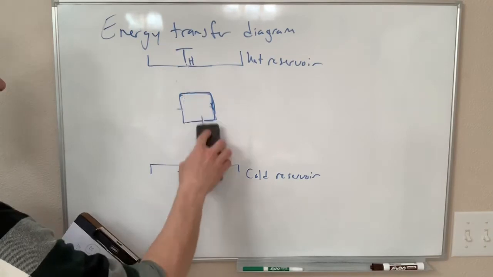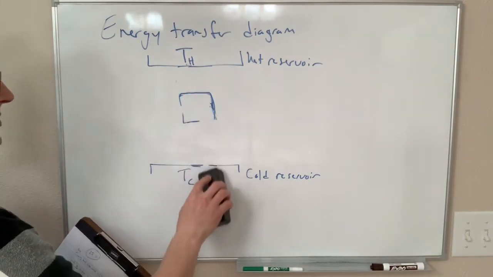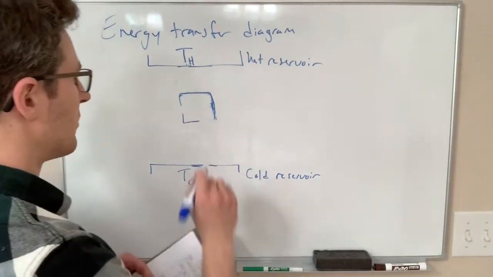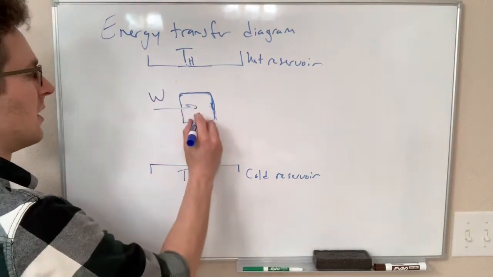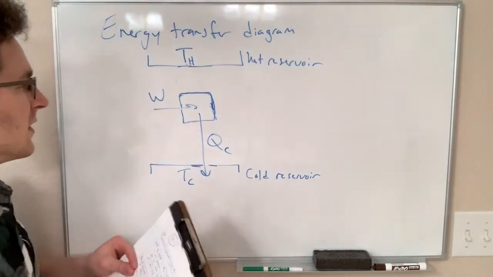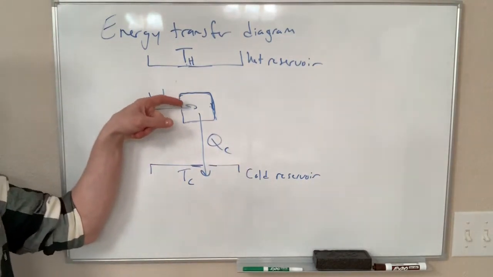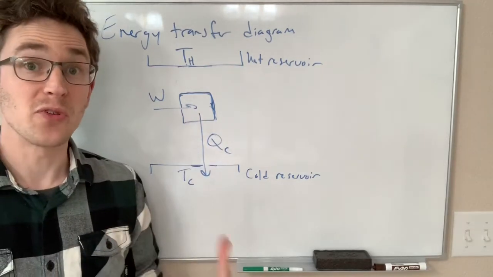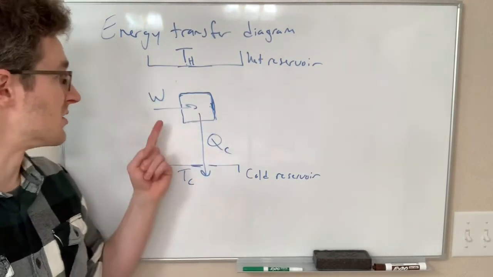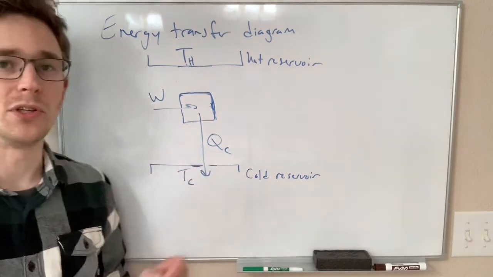Before we do that, I want to say there are obvious constraints on what's going on with these arrows, right? So let's just go back to this last one. If I have something that looks like this, work entering my system and then friction turning that into heat going into the cold reservoir, the first law of thermodynamics puts a constraint on the relationship between W and QC.